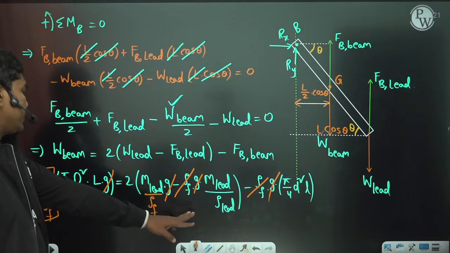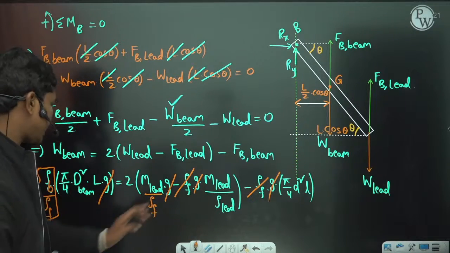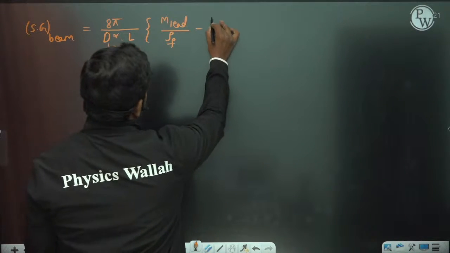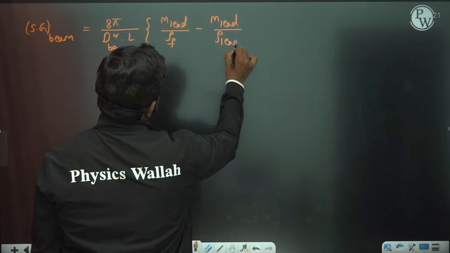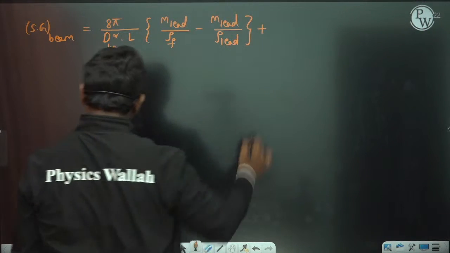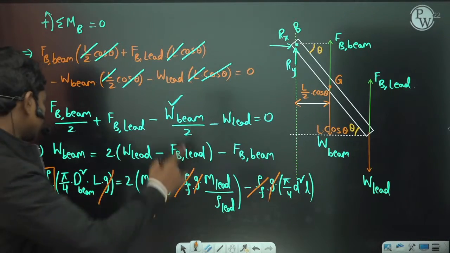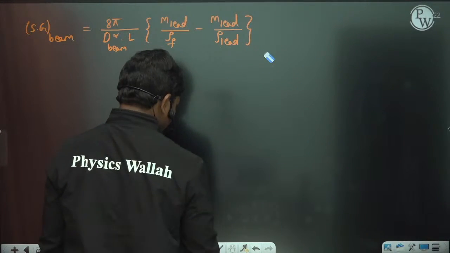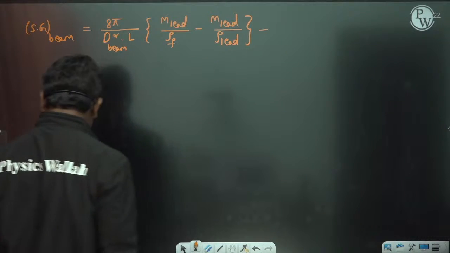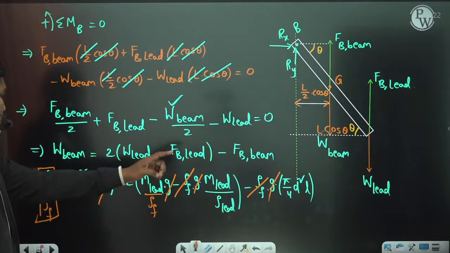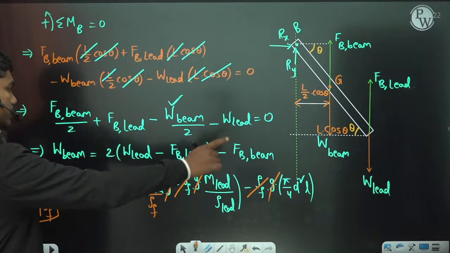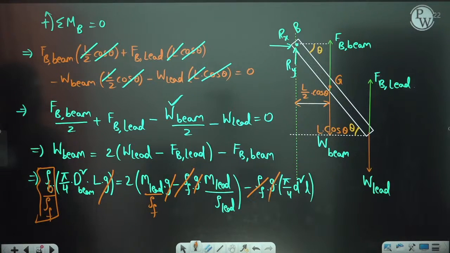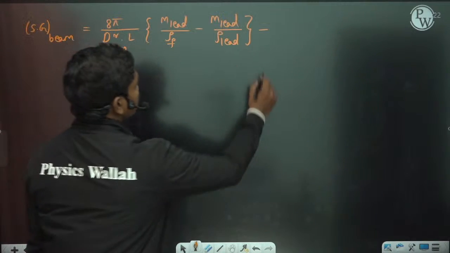There is no density of fluid in the second term, you have the density of lead there. Then minus, you need to be careful when putting the plus or minus signs. Then this pi by 4 d square L gets cancelled when you divide, so this value is minus 1.